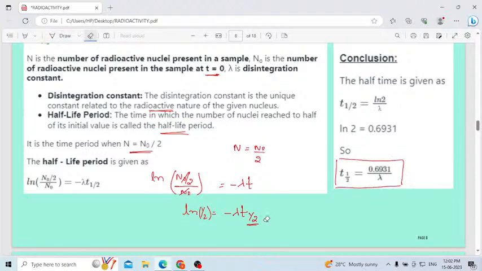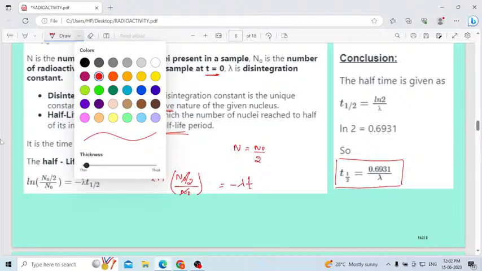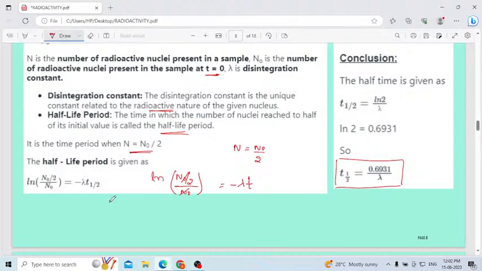Already I wrote it here. N gets cancelled. Then T half, that is T of 1 by 2, is equal to ln 2 divided by lambda. What is the value of ln 2?